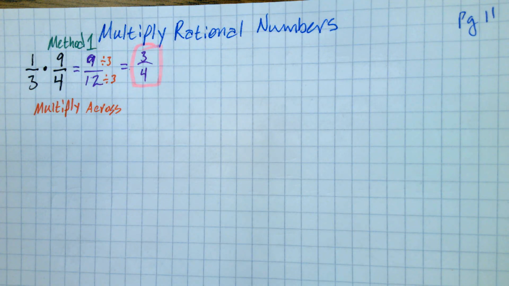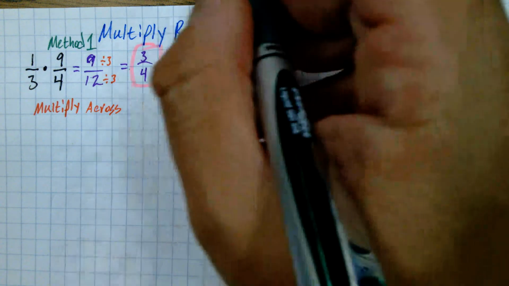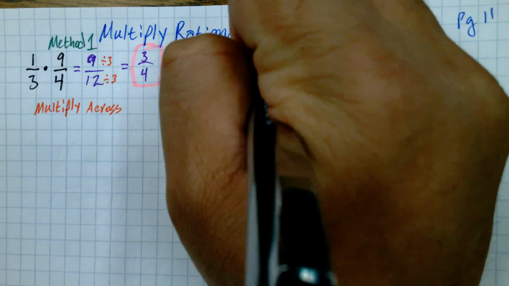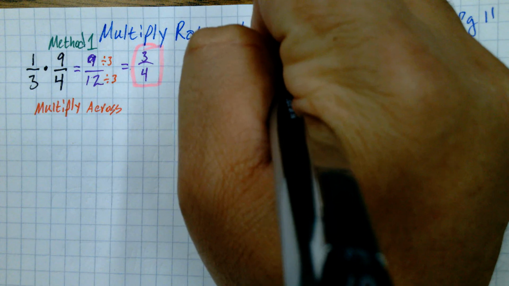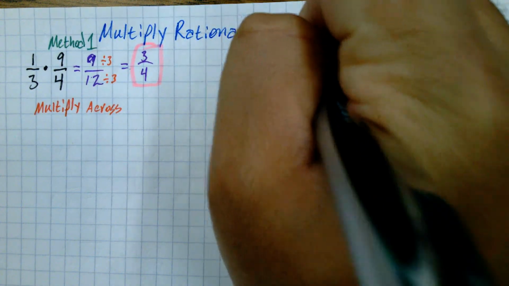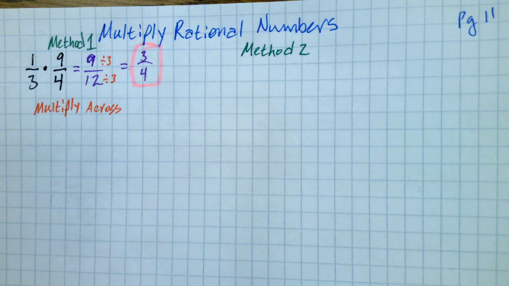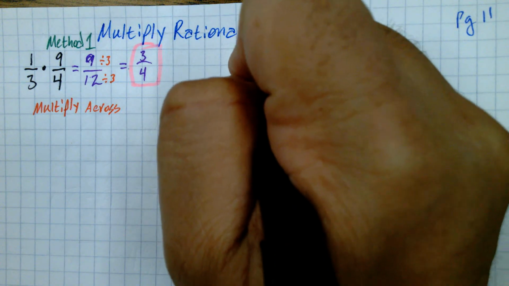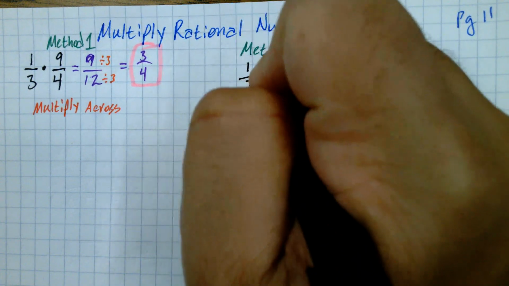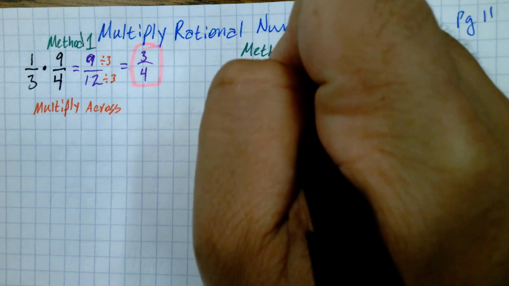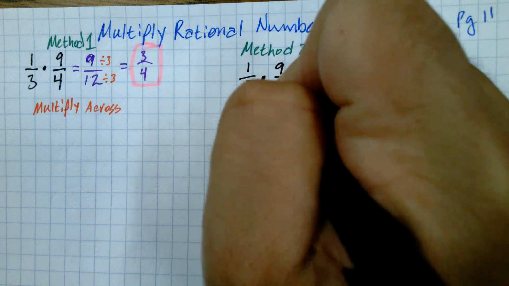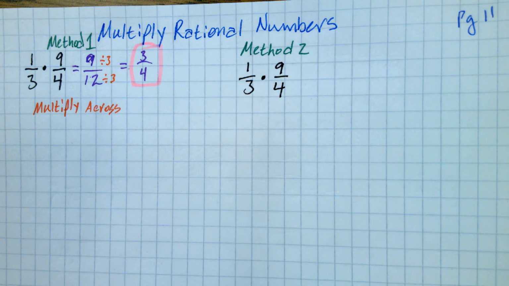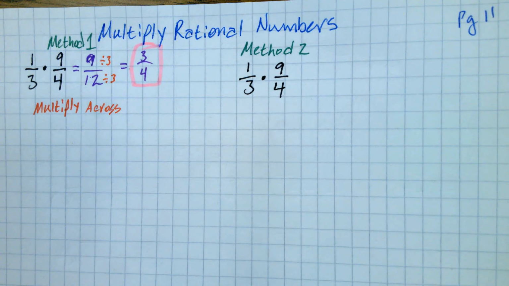The second method, method 2. Okay. So Sarai, I'm going to write the same problem down and maybe you can help me. Okay. So were you going to give me a suggestion?